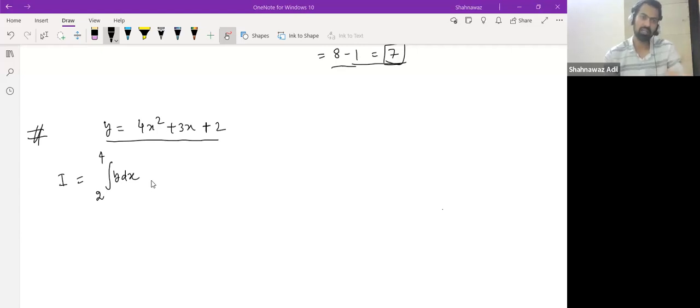Remember that this is the function that we are calculating the integral with, with respect to x. So please do this question quickly.